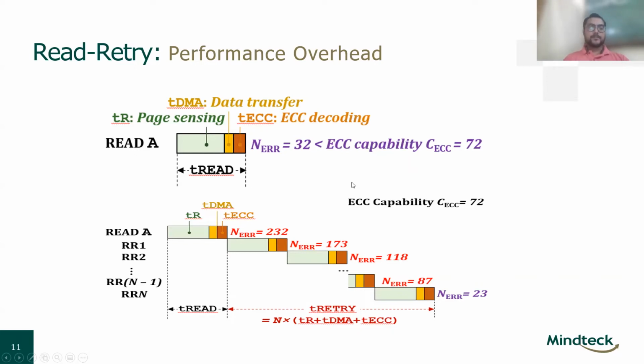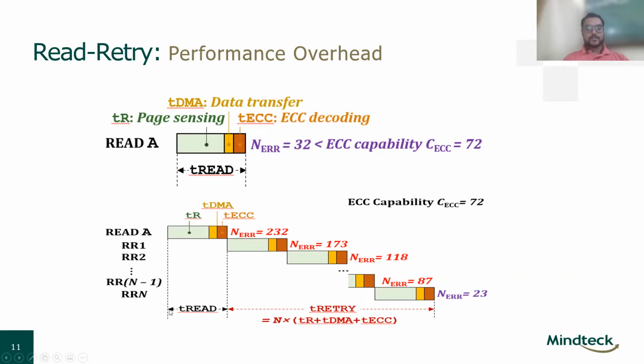But if the error count is more than the ECC capability, like in the second case, 232, it keeps retrying to correct the bits, and over time it reduces the errors in the page. Once the error is less than the ECC capability, it sends the page data back.